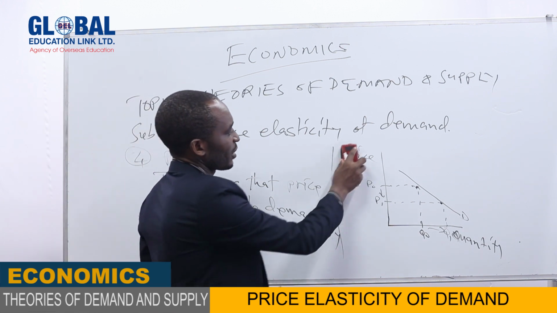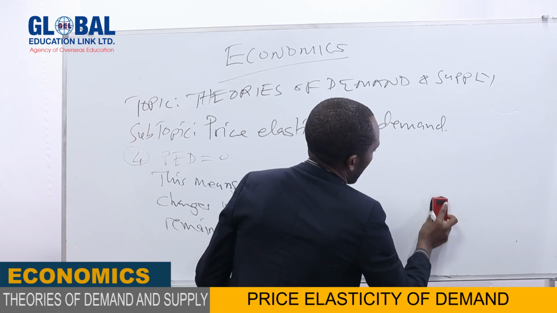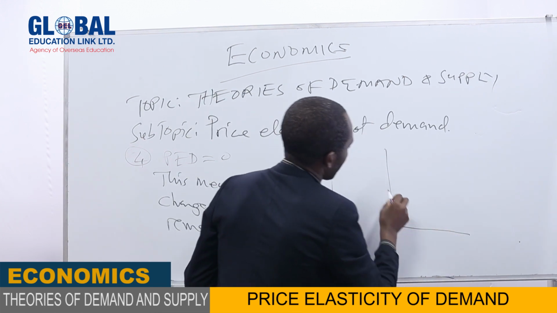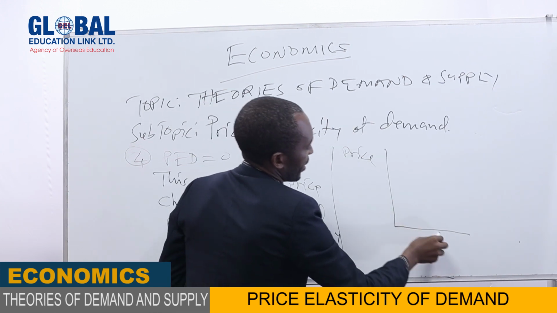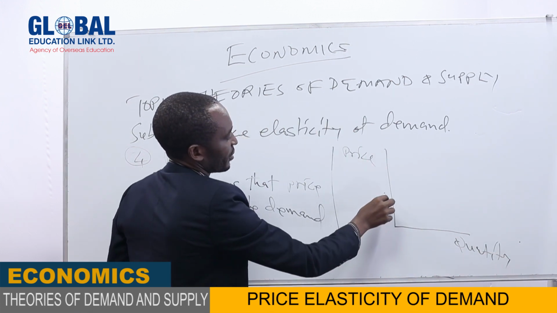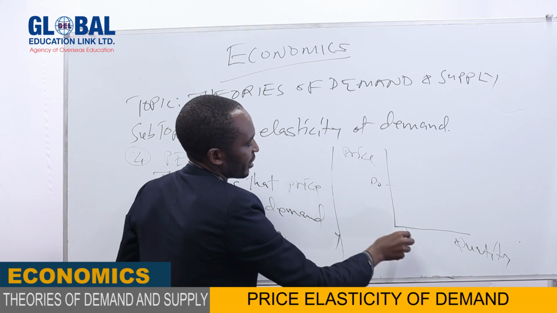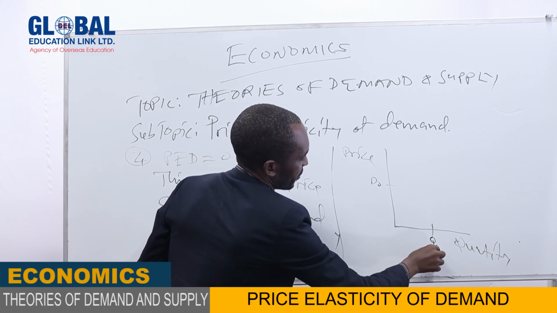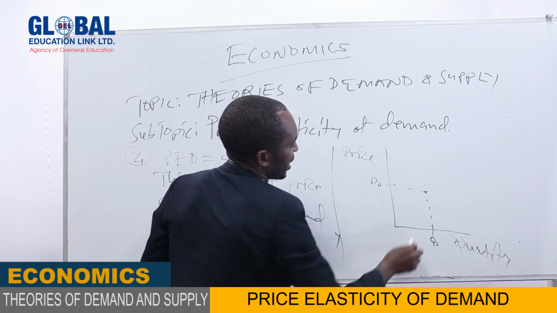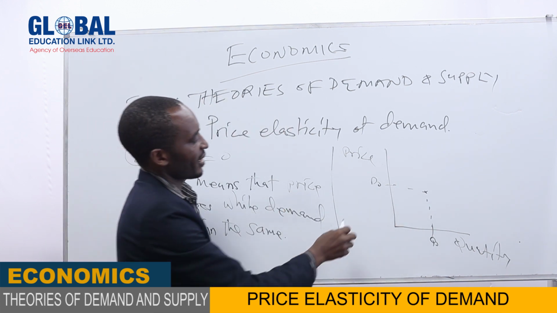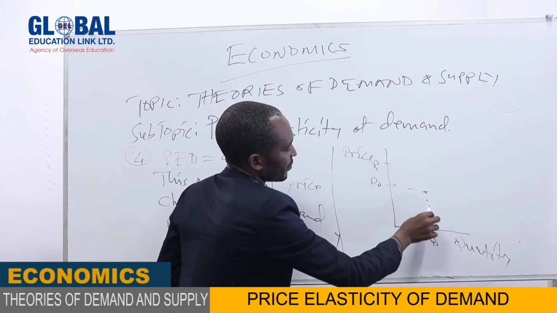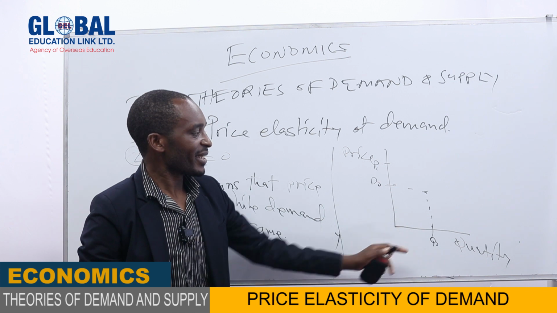So graphically it will be like this one. Here is the price, and here is quantity. So P naught, Q naught. Now assume the price increases from P naught to P1. Demand remains the same.